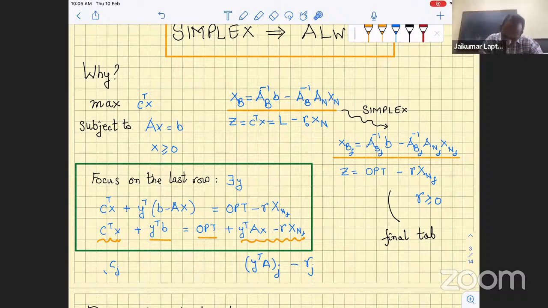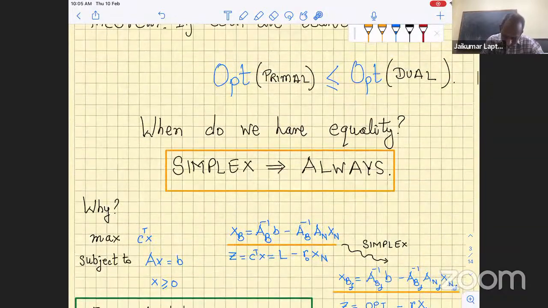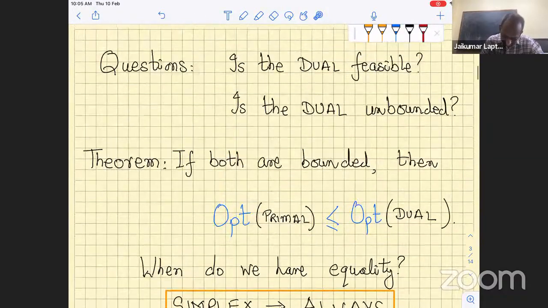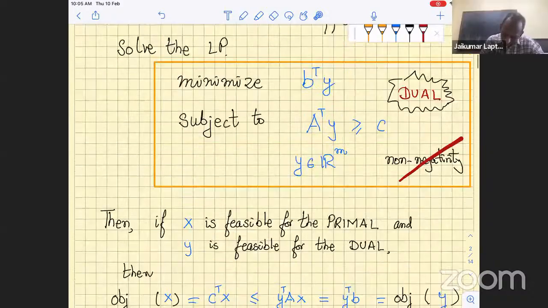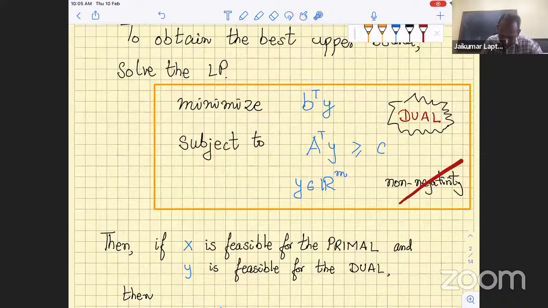I would have liked to say that I'm working with this equality system, so I'm a little worried about saying that, since my constraints are all equality. No, I meant the dual LP. That's right.